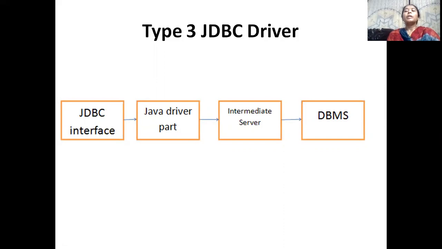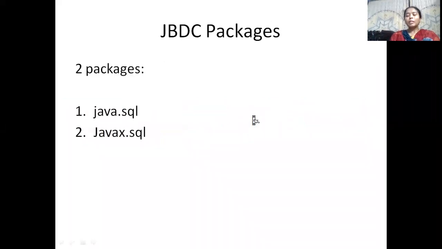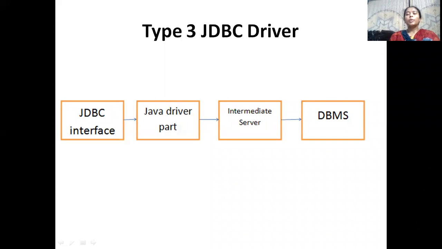And coming to the next point, in the type 3 driver, the JDBC formatted statements are translated into the format required by the DBMS. In the pictorial representation, the intermediate server acts like the mediator. It helps us to transfer the data from the backend.